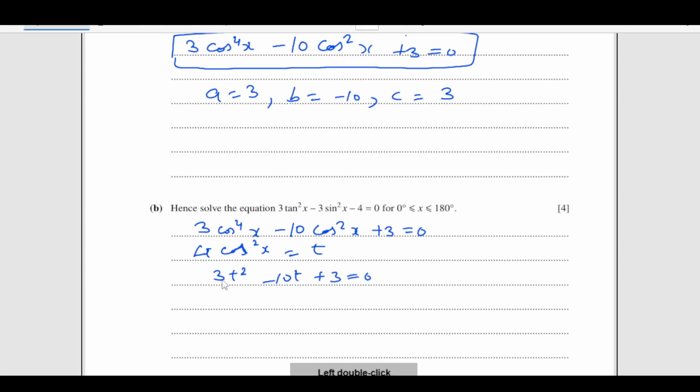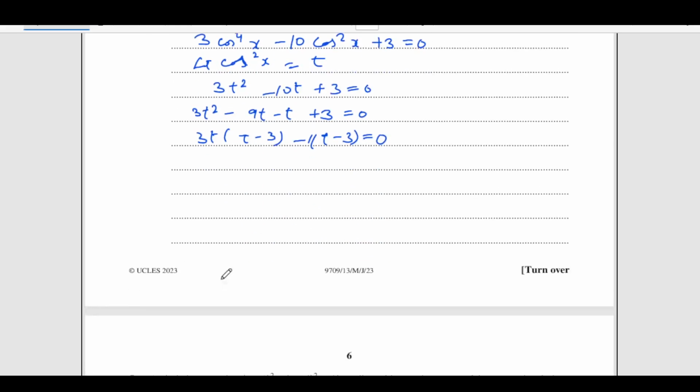So making the factors 3t squared minus 9t minus t plus 3 equals 0. So 3t is common. So we have t minus 3, then minus 1 times t minus 3 equals 0. Then let's rewrite: t minus 3 and 3t minus 1 equals 0. So from here we got t as 3 or it will be 1 over 3.